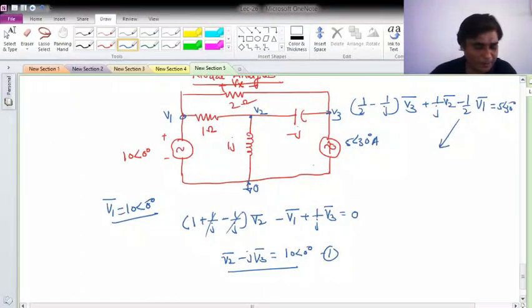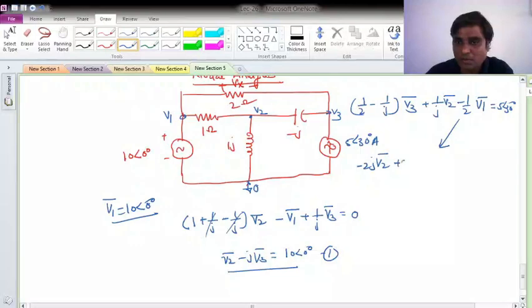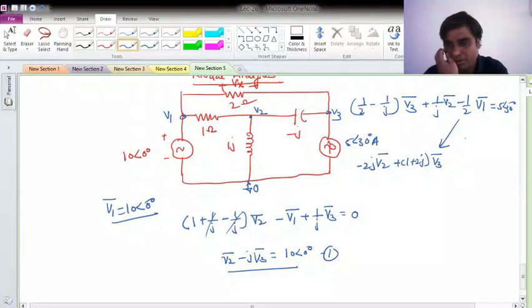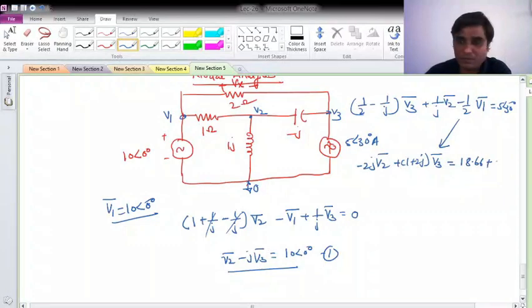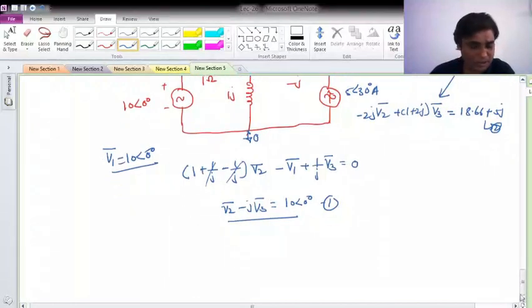If you solve this, I got it as minus 2j V2 phasor plus 1 plus 2j V3 phasor, which is equal to 5 angle 30 degree, with whatever you know V1, if you shift it onto the right side it will be 18.66 plus 5j. Okay, this is equation 2, and you can solve with the simultaneous equations.